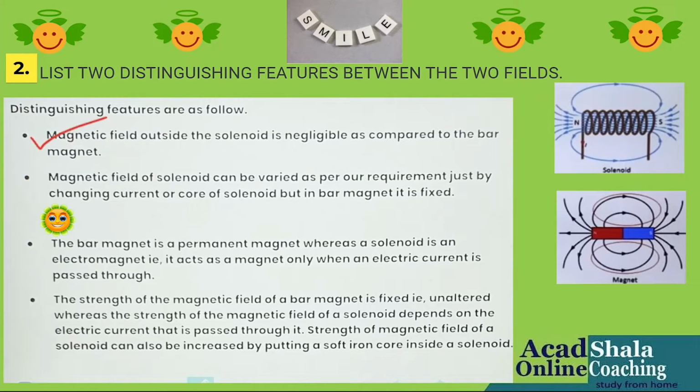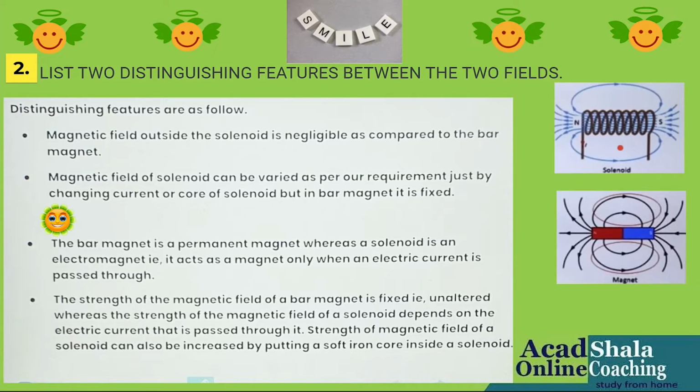So the first point says, the magnetic field outside the solenoid is negligible as compared to the bar magnet. Absolutely correct, so immediately I can put up the first point. The second says, the magnetic field of a solenoid can be varied as per our requirement.